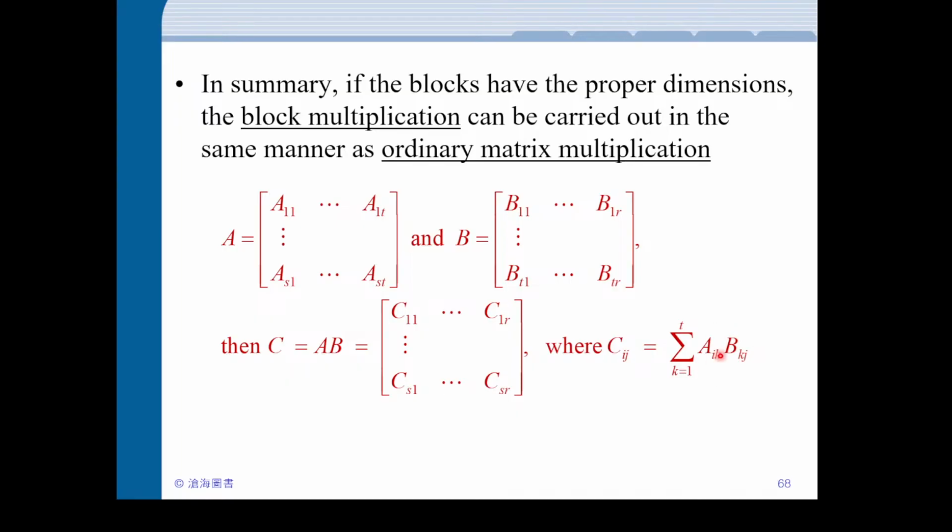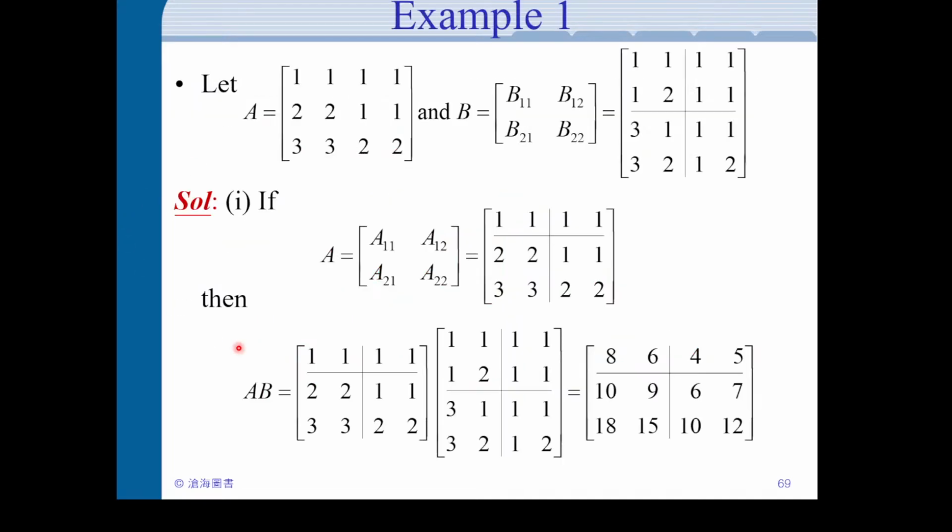So you have this Aik, Bkj, and summing over k from 1 to something. So yeah, that's block multiplication.